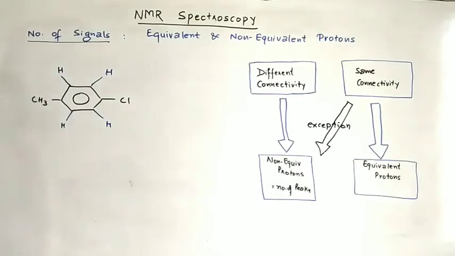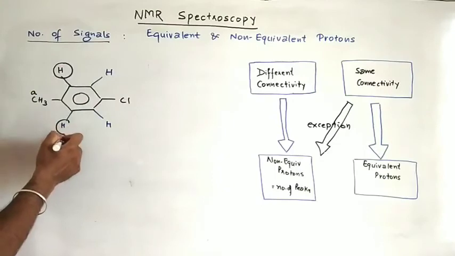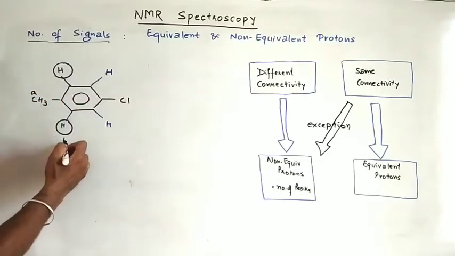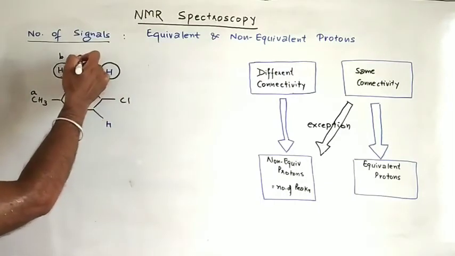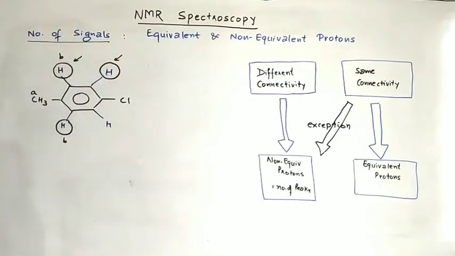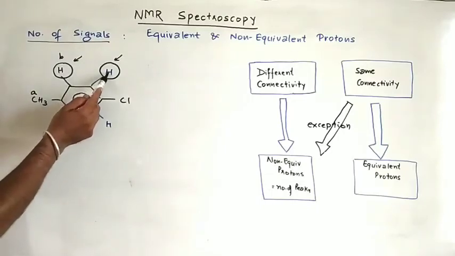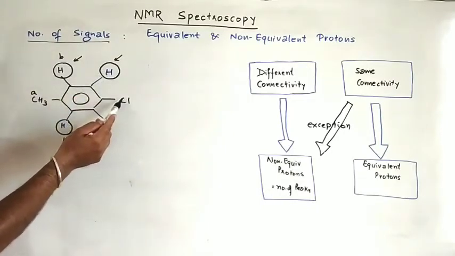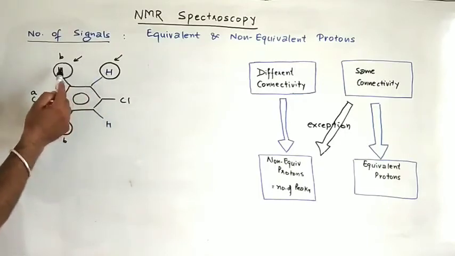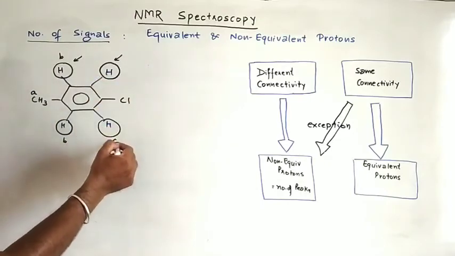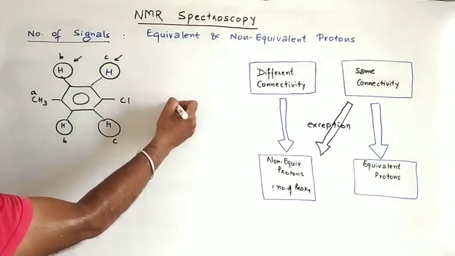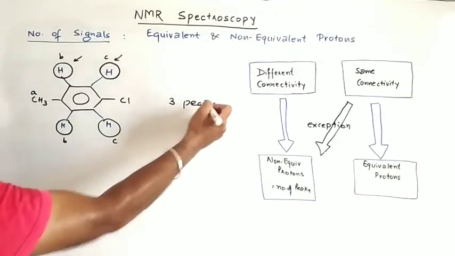Now it's clear that these three protons, they are equivalent. But these two protons, they are also equivalent. There is a methyl group adjacent to these two protons. But this proton and this proton, if you compare this and this, they are non-equivalent. As you can see, the environment or connectivity of this proton is with chlorine adjacent to. This is ortho to chlorine, this is meta to chlorine. They are different. Means these two are the same. So C, it will give 3 peaks.